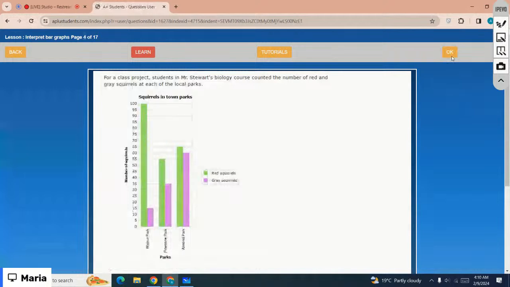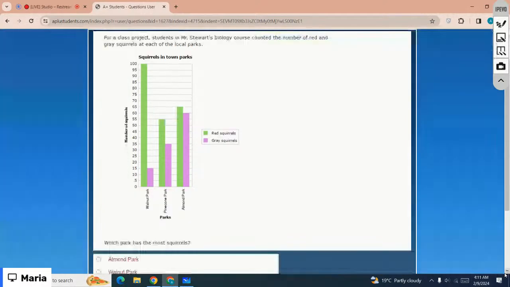For a class project, students in Miss Stewart's biology course counted the number of red and grey squirrels at each of the local parks. So, which park has the most squirrels?